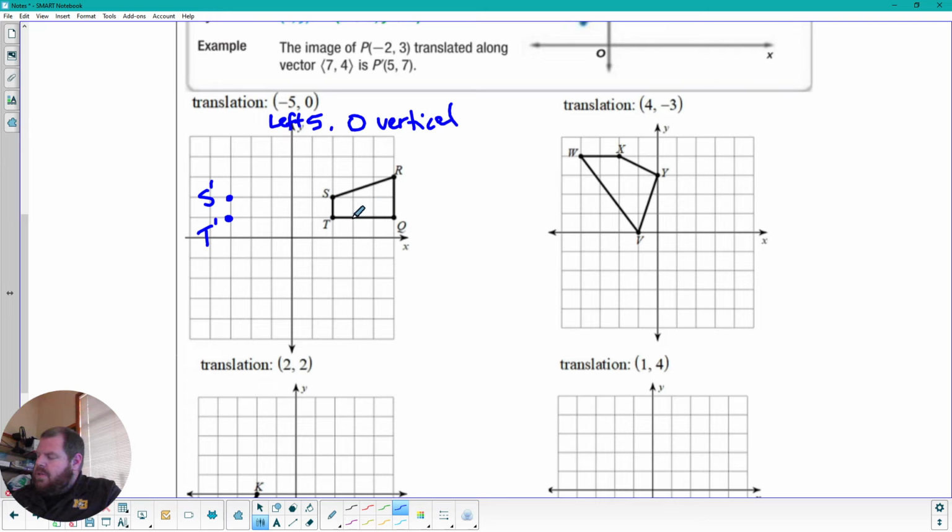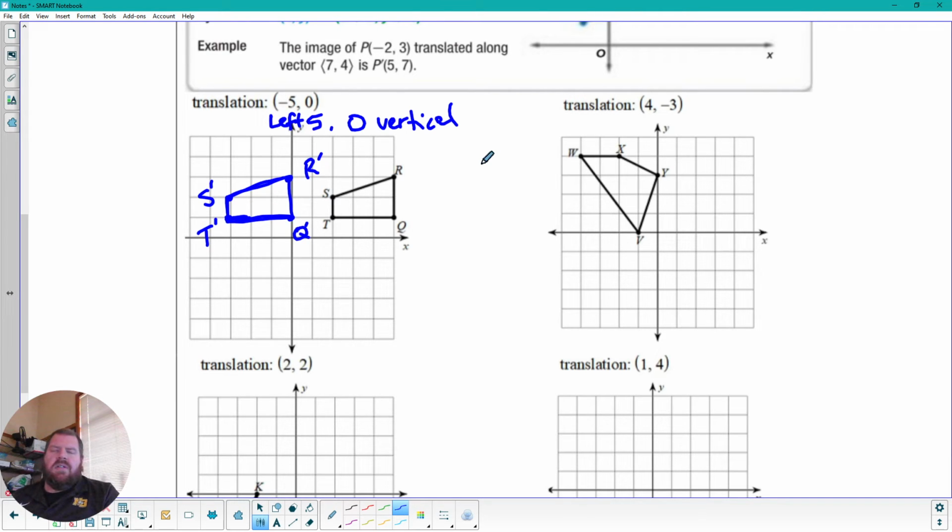Q moves 1, 2, 3, 4, 5 to right here. And R moves 1, 2, 3, 4, 5 to right here. Then we would connect the same lines that are connected from the pre-image. So this four-sided shape started here and moves here; I'll work on straight lines a little bit to make it look the same.